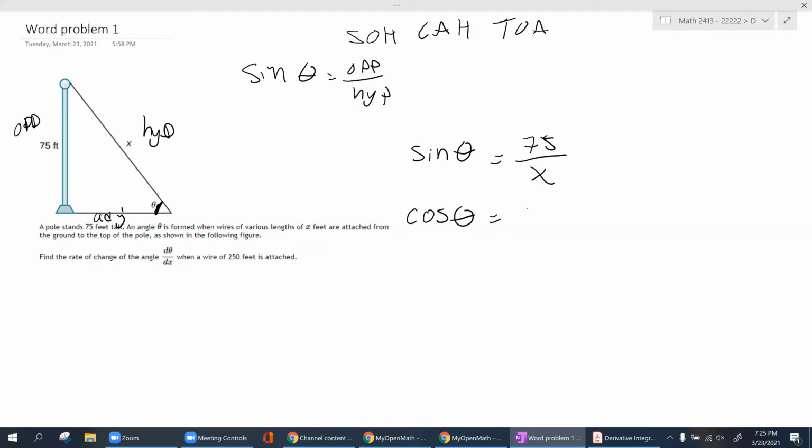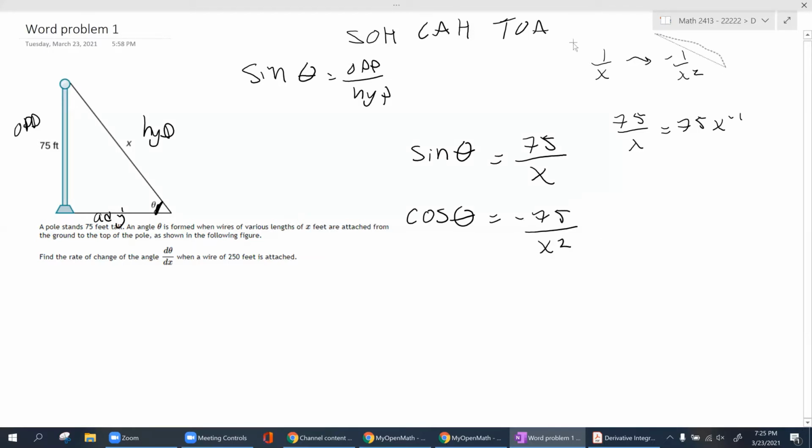I said that this is the same thing as this, and the shortcut would have been something like that. Another thing you could do is know that 75 over x is the same thing as 75 times x to the negative 1. You can apply the power rule, and you'd end up getting negative 75 over x squared. This was from a section or two behind.